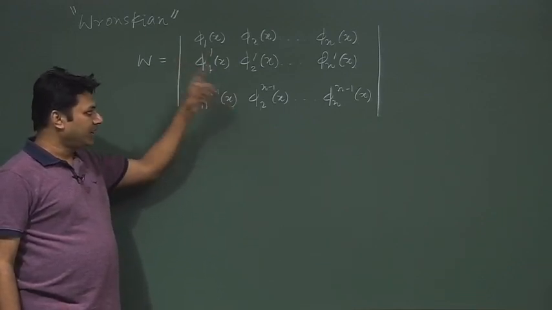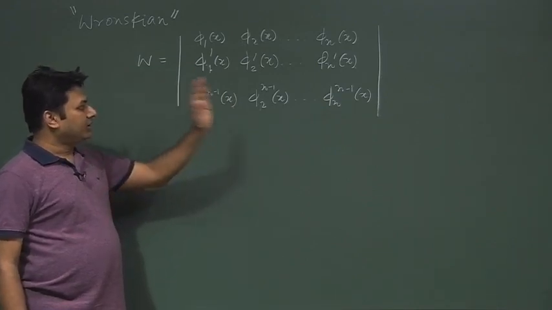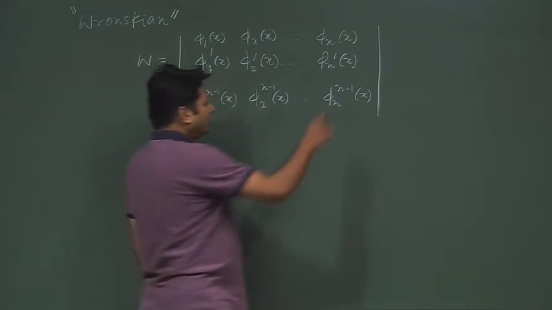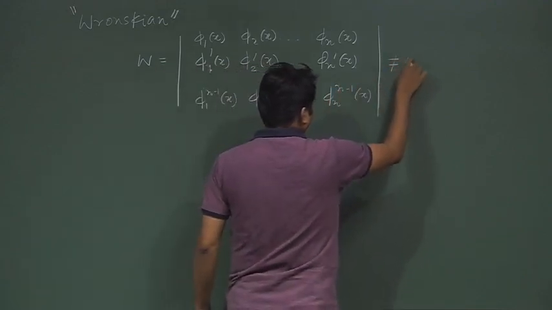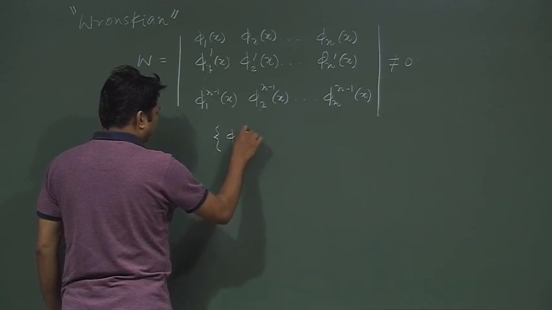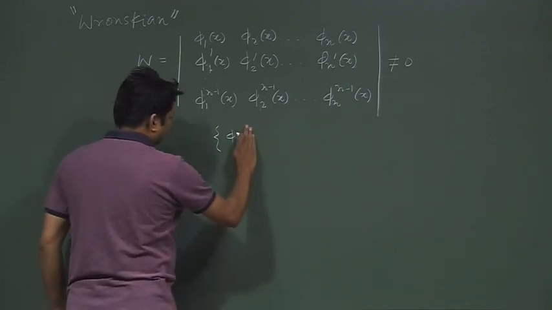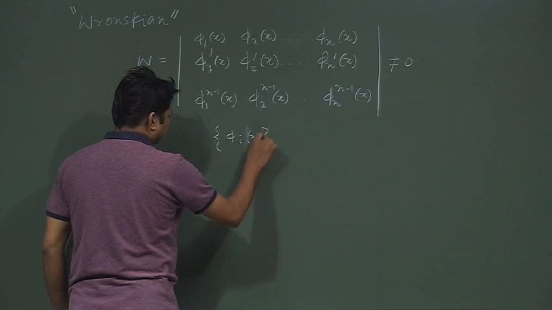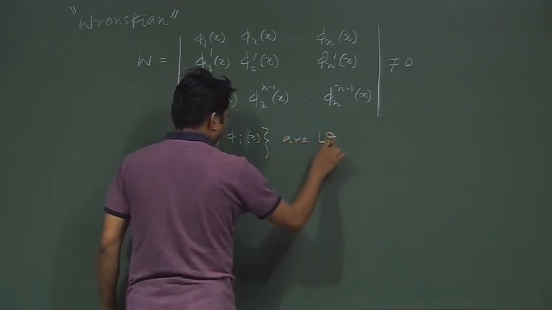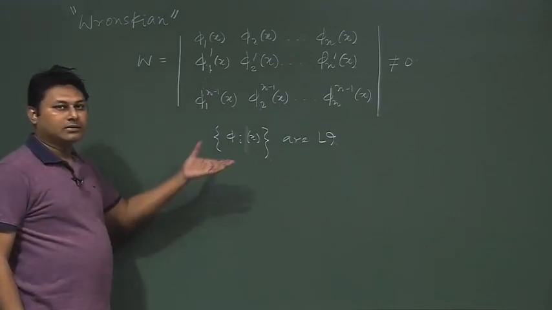So it will be an n by n matrix. Now I find the determinant of this quantity. If this is not equal to 0, then the set of functions phi i of x are linearly independent by definition.